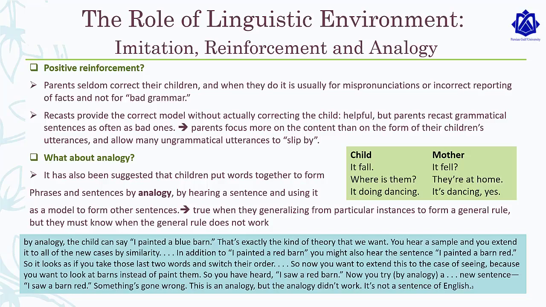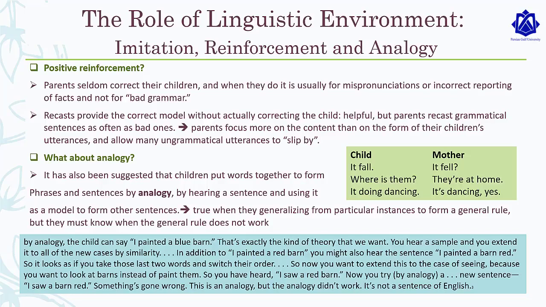By analogy, the child can say, I painted a blue barn. That's exactly the kind of theory that we want. You hear a sample and you extend it to all of the new cases by similarity. In addition to I painted a red barn, you might also hear the sentence I painted a barn red.